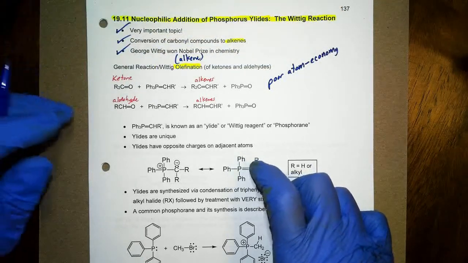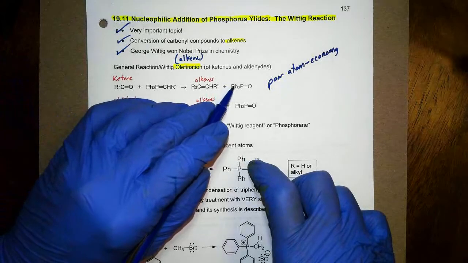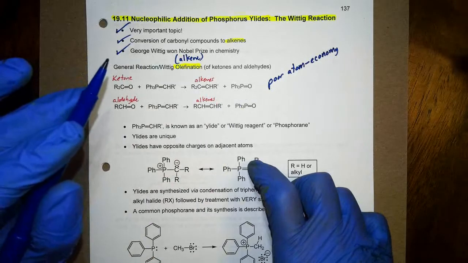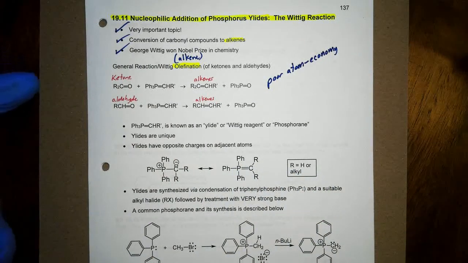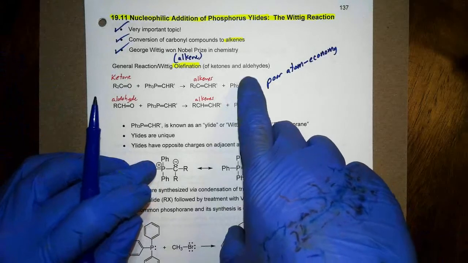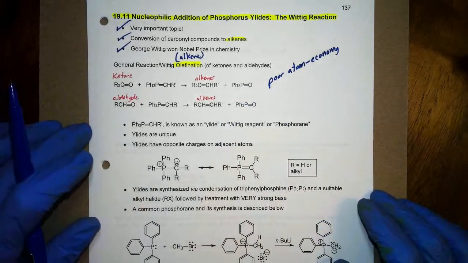Poor atom economy, because this is triphenylphosphine oxide. There are 3 benzene rings there, guys, phosphorus and oxygen. But if you could figure out a way to recycle this, just taking that oxygen off, you'd make a fortune. It would turn that into a good atom economy.